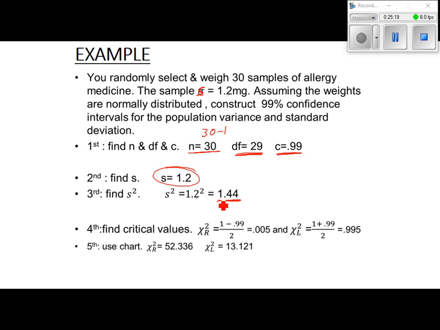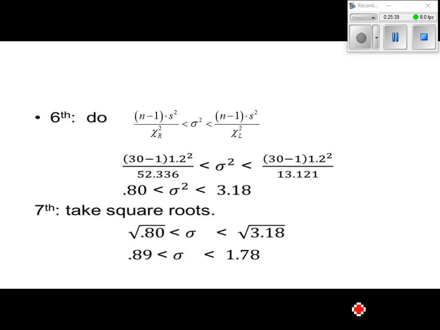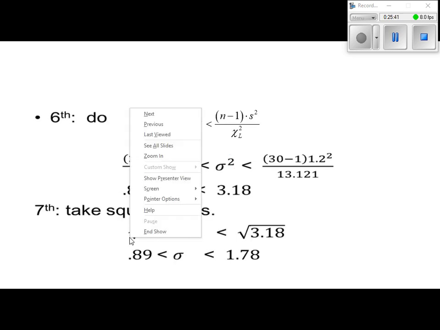To find our critical values, we have to use our chart, but first we know the DF, and we've got to find the areas. So we do 1 minus our C, which is 0.99, divided by 2, that gives us 0.005, and then 1 plus 0.99 divided by 2 is that.